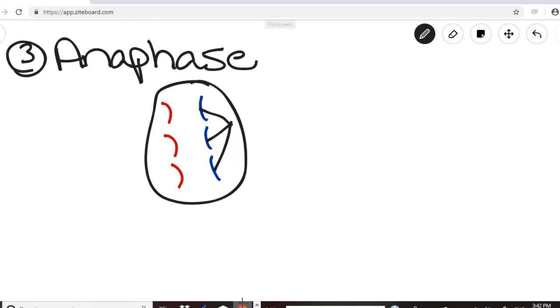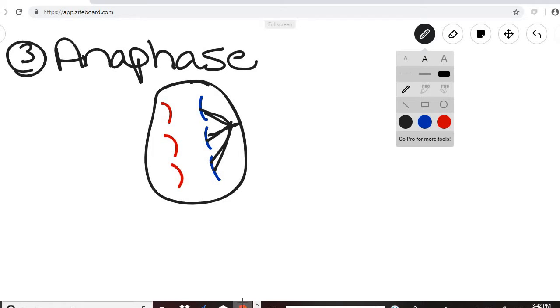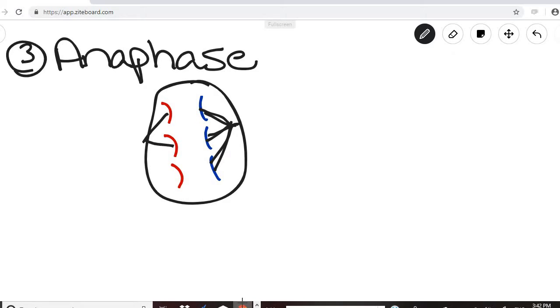So these spindles will still be attached, but now the different halves of the chromosomes have been separated. Okay, so that's anaphase, the two halves of the chromosome get separated from each other.